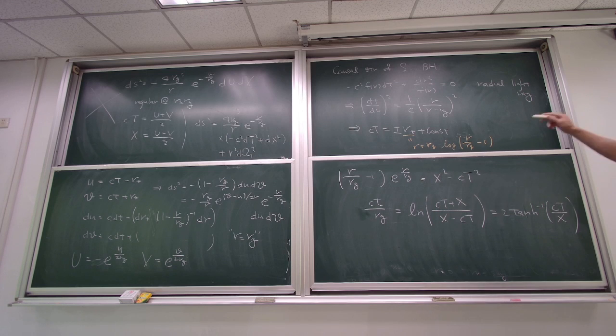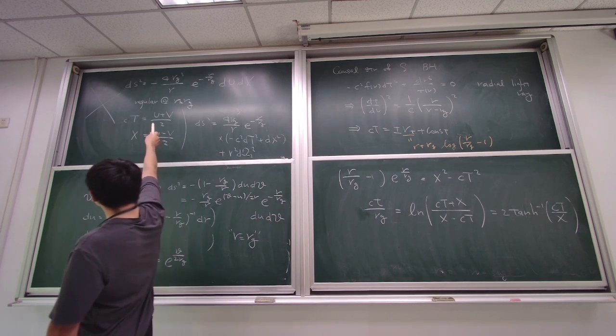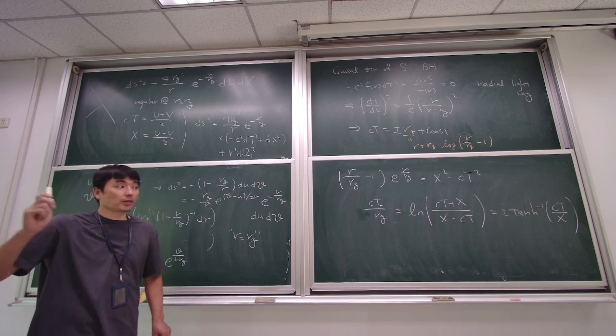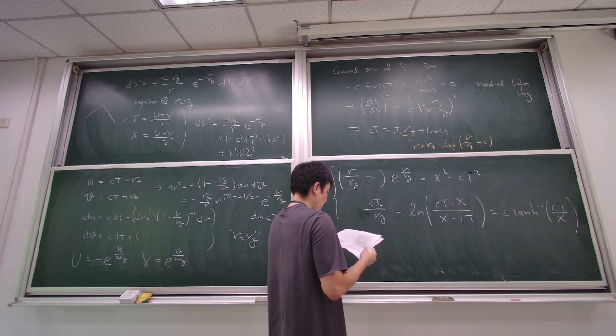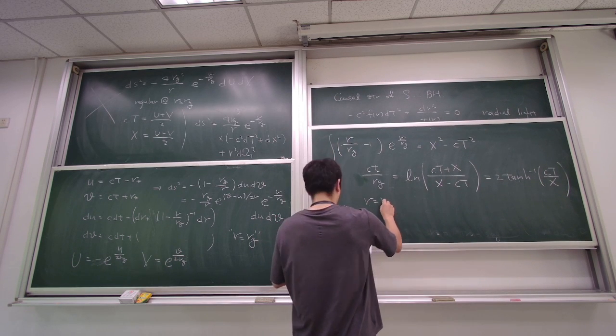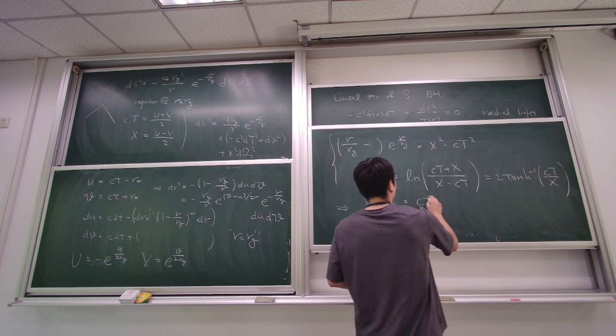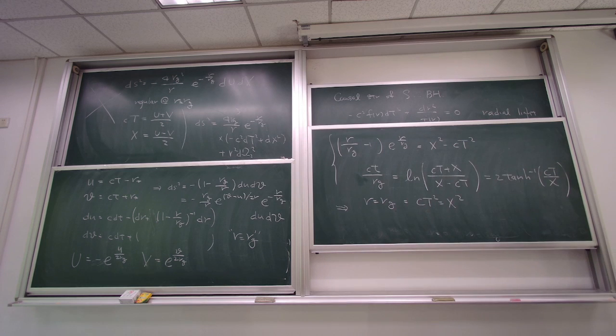You just need to keep track of the definitions of t and r, and u and capital U and v, and you get this one. From here one can conclude that r equal to rg is given by c squared t squared equal to x squared. Okay, c squared t squared equal to x squared.